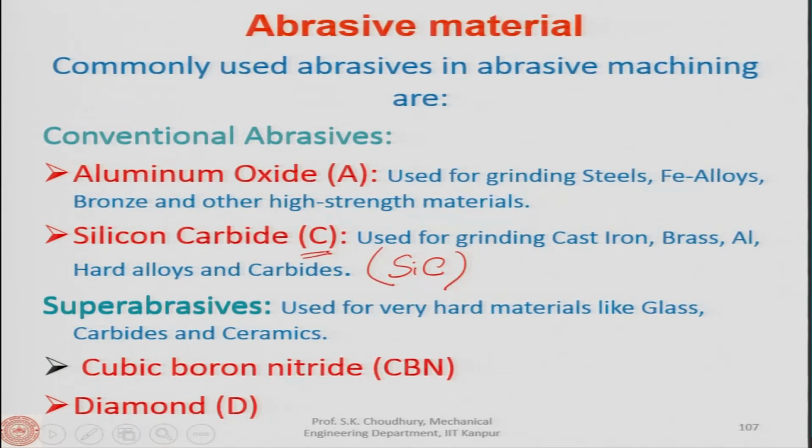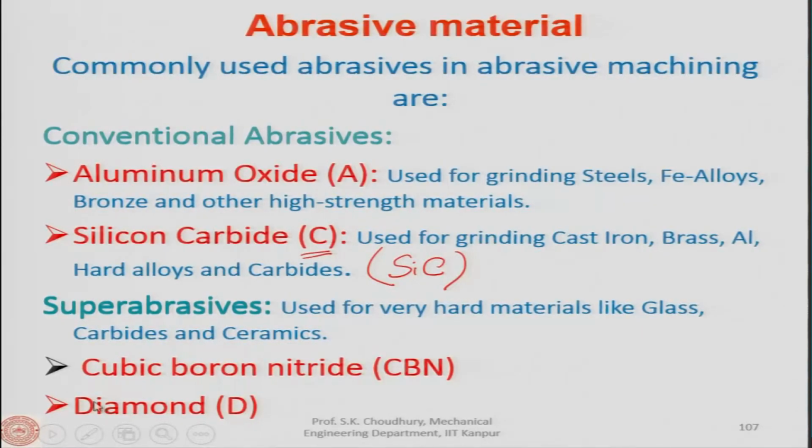And what is that designation I am coming to, that will actually specify the performance of the grinding wheel. Silicon carbide is used for grinding cast iron, brass, aluminum, hard alloys, and the carbides. You can see that silicon carbide is normally more expensive than aluminum oxide, and it is used for grinding hard and brittle materials.